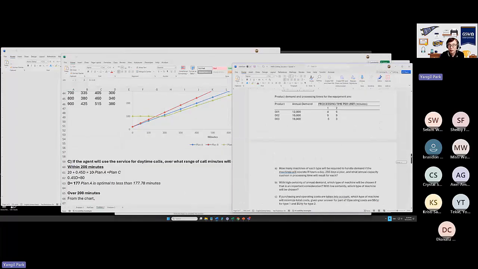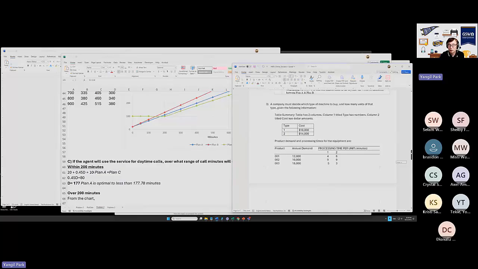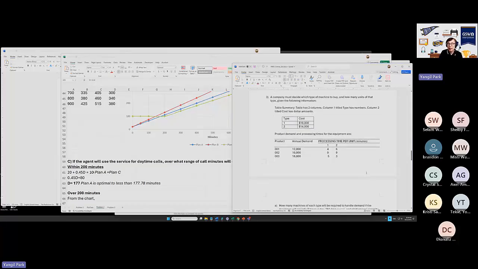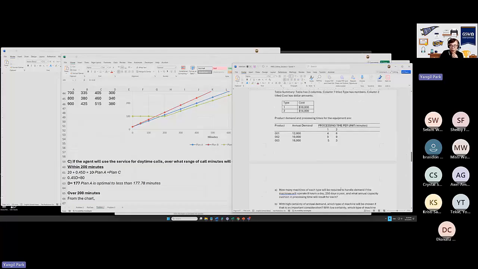Number 3. Okay, this one is interesting. So we have a situation where we need to buy machines, and there are two types of machine. Type 1 is $10,000, type 2 is $14,000. However, we have a workload to fulfill, right?